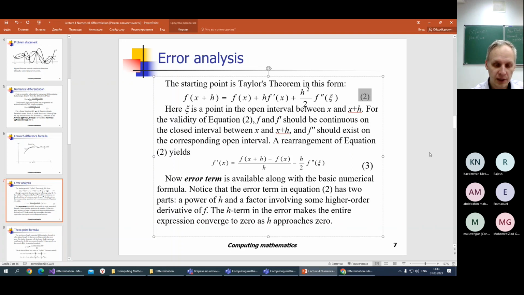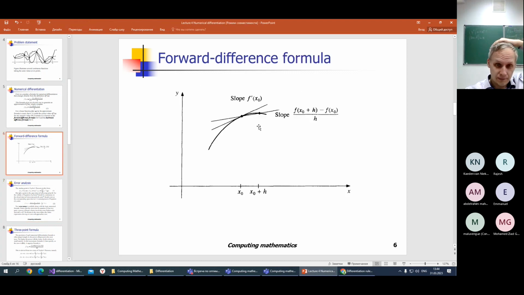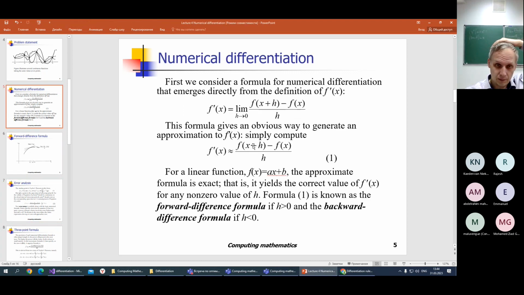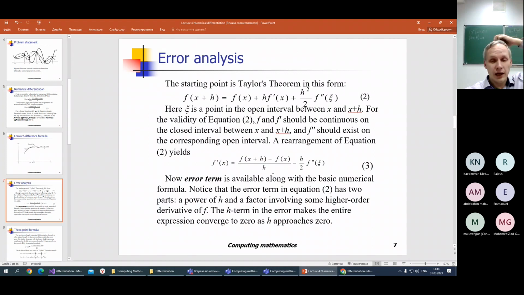And what we will have here, if you look here, in the left-hand side, we have the real value of the derivative, and in the right-hand side, we have this formula and some error term.